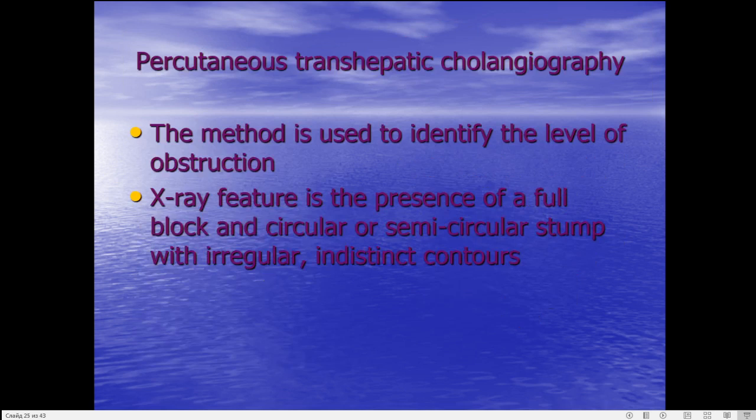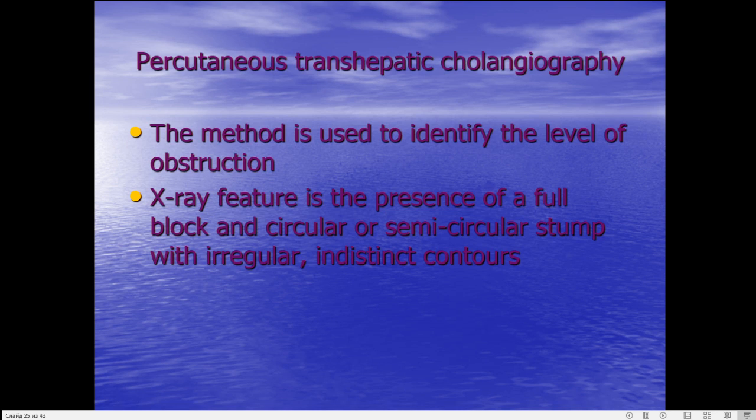Percutaneous transhepatic cholangiography, under control of ultrasound. The method is used to identify the level of obstruction of the bile ducts, whether it is in the distal part of the common bile duct, the middle part of the common bile duct, the bifurcation of the left and right bile ducts, or the intrahepatic level.